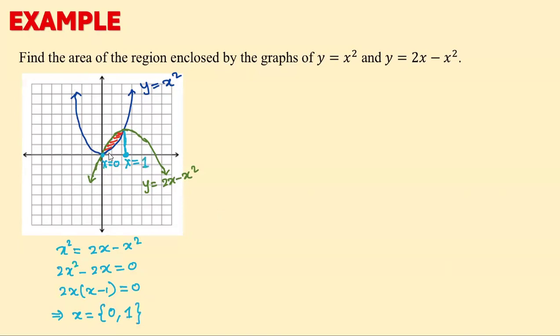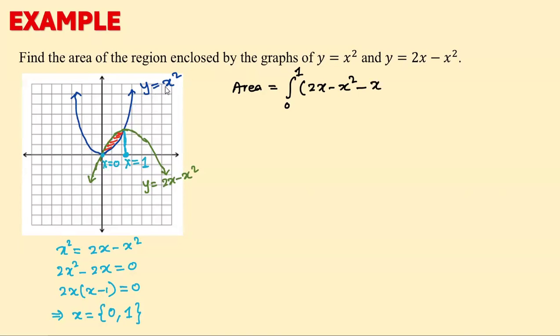So in order to find this area, we need to integrate from x equal to 0 to x equal to 1. So we can say area equal to integration from 0 up to 1 of the upper function, which is here in green, 2x minus x squared, minus the lower function, which is here in blue, x squared.